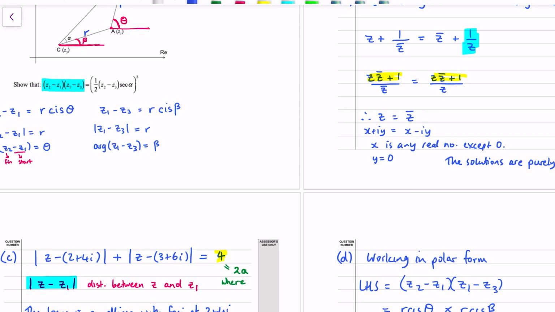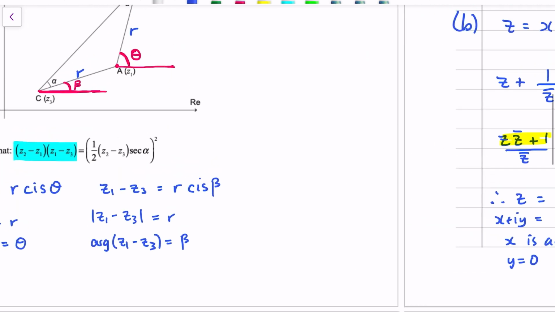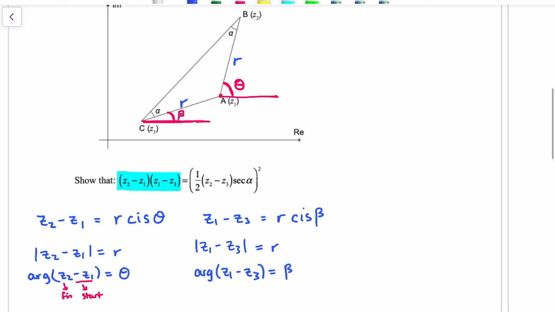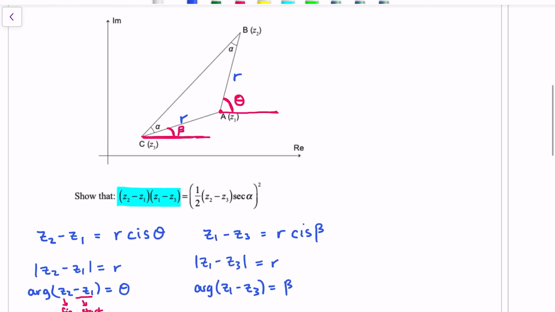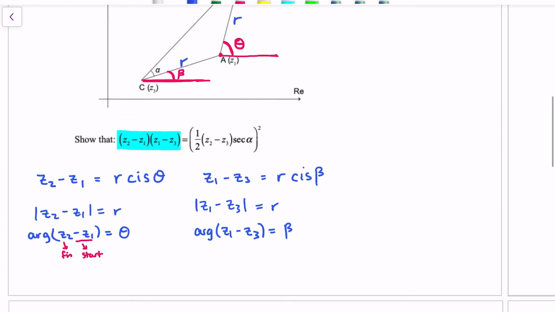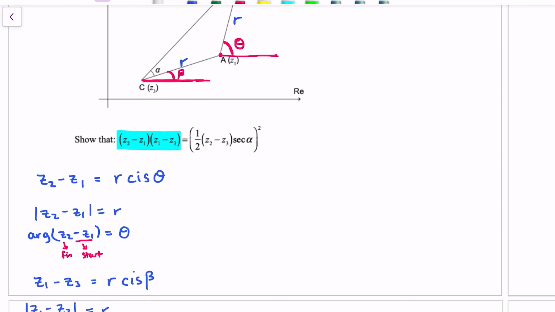Okay, now let's look at the right hand side. The right hand side brings in alpha, and it's also got Z2 minus Z3 in there. So I just move this out of the way. Okay, what have we got on the right hand side? We've got half squared. Okay, we're squaring all the stuff here.